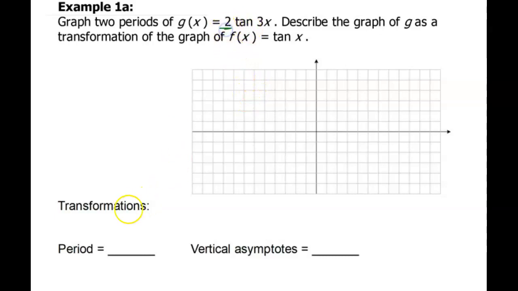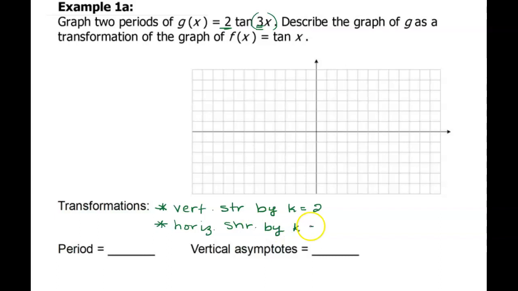So this 2 indicates that we have a vertical stretch by a scale factor of 2. And then this 3 is on the inside. You can think of this as 3x. This is going to be a horizontal shrink, and remember, we do the reciprocal of it, so it's a scale factor of 1/3.